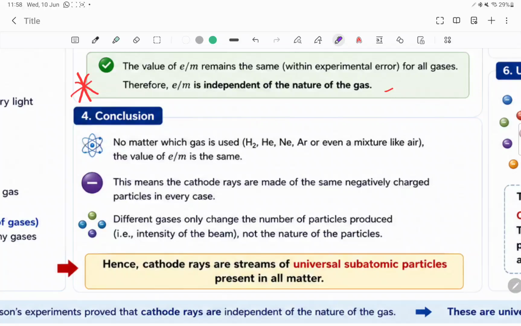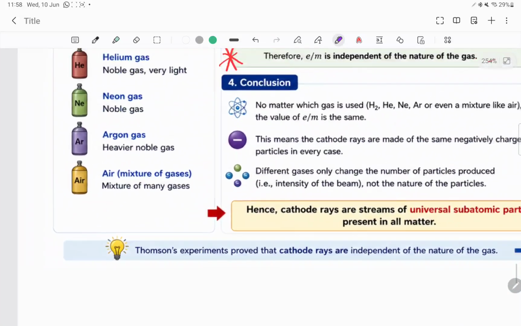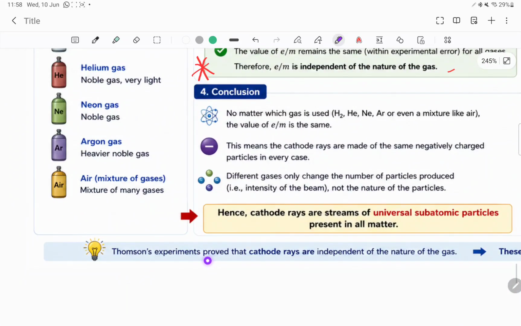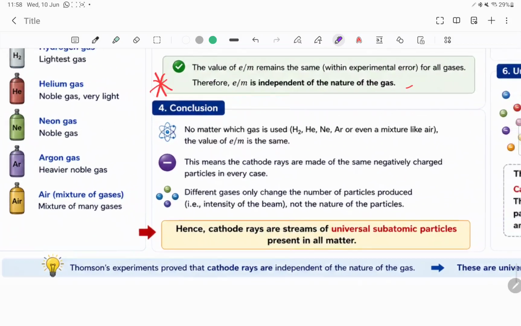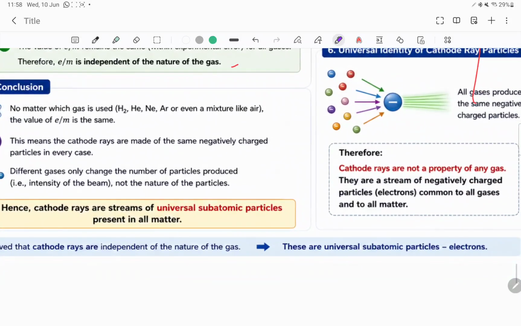Matter is made up of atoms, atoms are made up of subatomic particles, and all atoms contain what? Electrons. So Thomson's experiment proved that cathode rays are independent of the nature of the gases. These are universal subatomic particles, electrons. Why did he conduct this experiment?